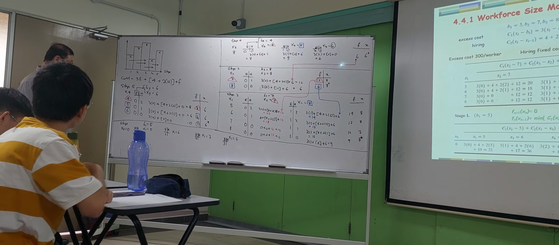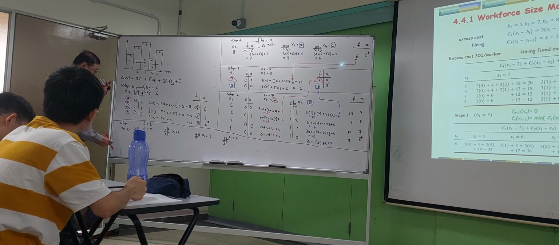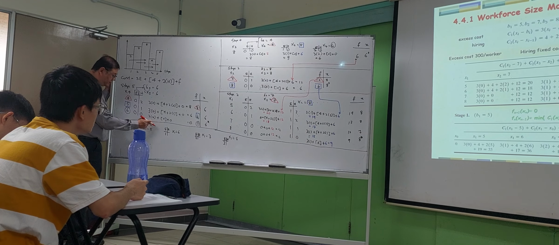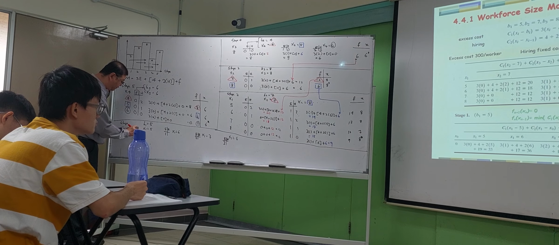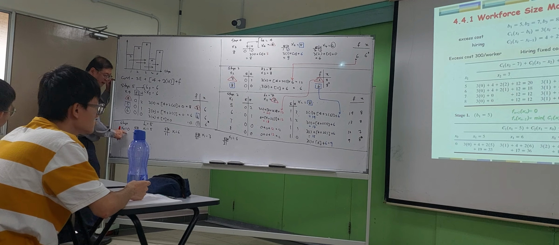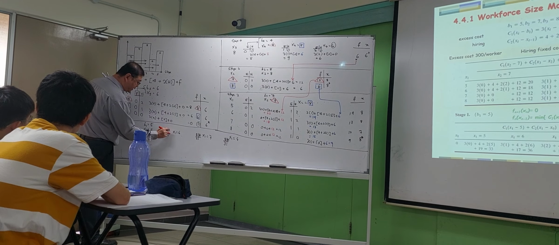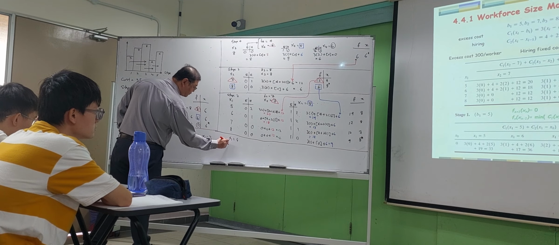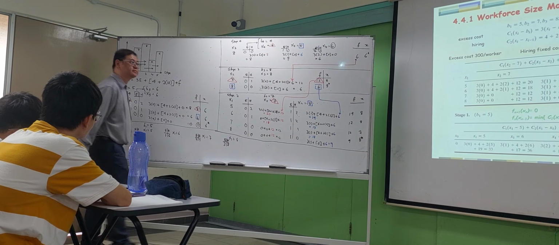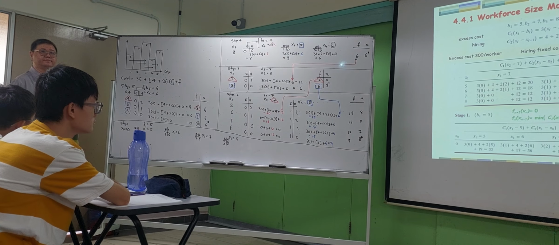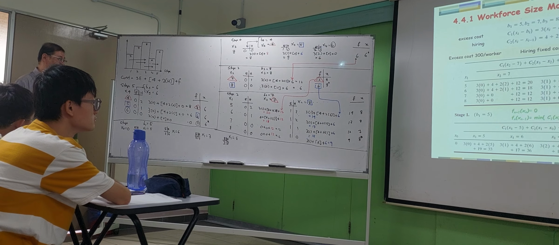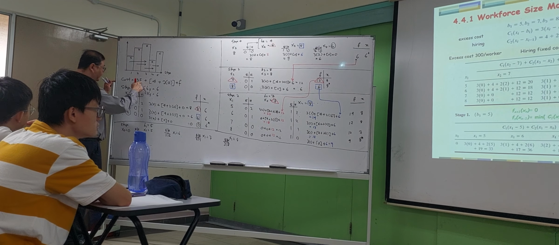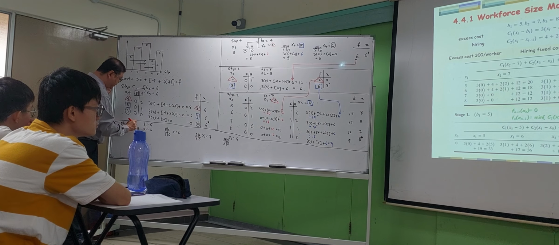Okay? Now next we look at higher. From no worker to 5 worker, need to hire how many worker? 5. From no worker to 6 worker, you need to hire 6, 7, 8. Okay? So now I put into this formula. 3 times E, so 3 times.